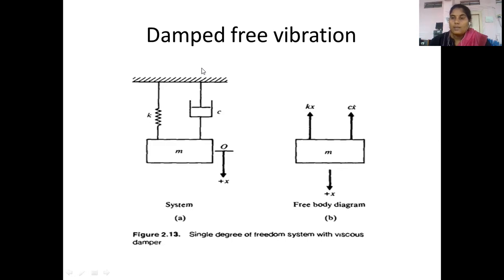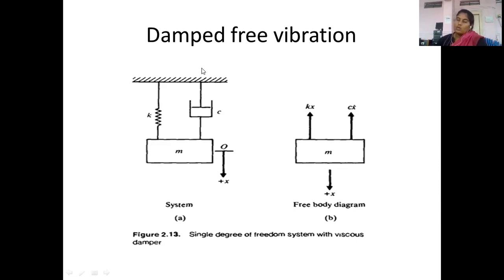But in this system, there is a damped free vibration. This damper is provided to the system, so the C parameter, that is the damping coefficient, and the damping force will come into this system. But the second point is that this system is a free vibration, meaning no external force is applied to the system, so the F parameter will be equal to 0.